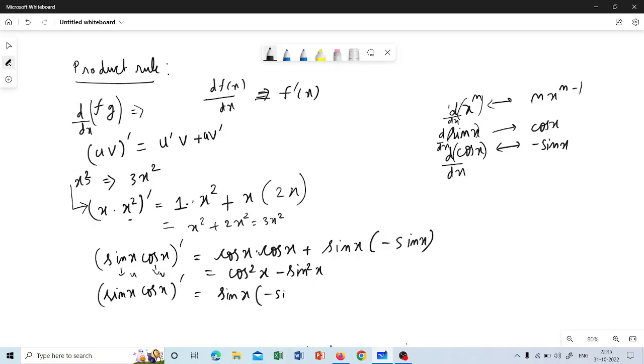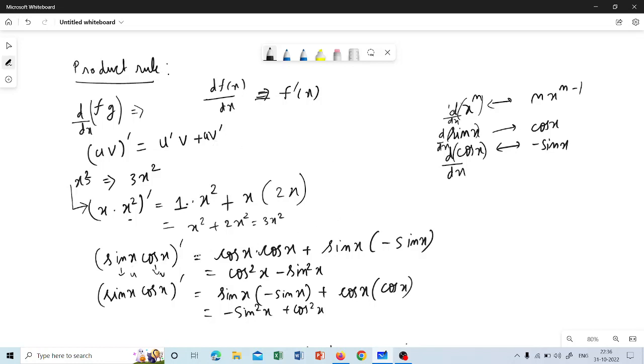Cos x is minus sine x. Then plus, since I differentiated cos x here, I have to write cos x as it is and then differentiate sine x. So again you are going to get the same result, minus sine square x plus cos square x. So both are equivalent. You can take either u dash v plus uv dash.